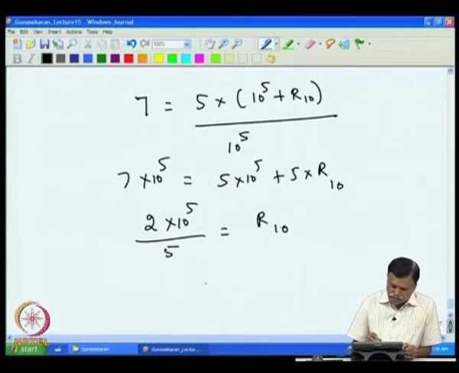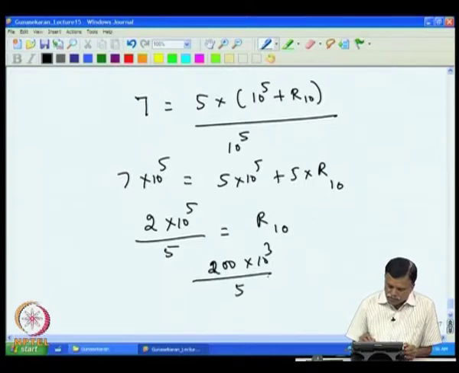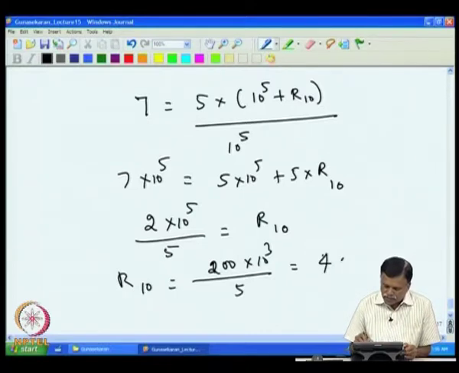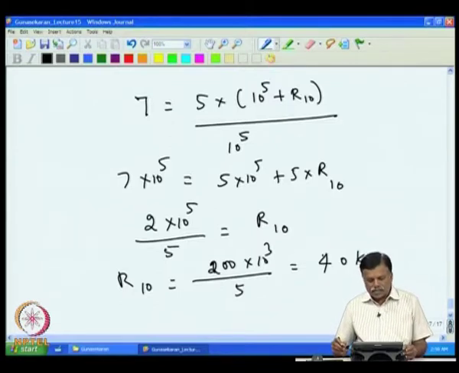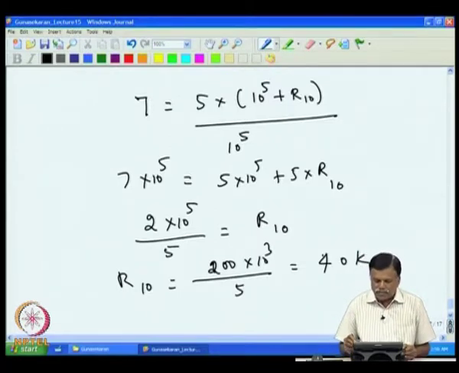That is 200K divided by 5, which gives R10 equal to 40K. So, if I assume R1 as 100K, then R10 comes as 40K.